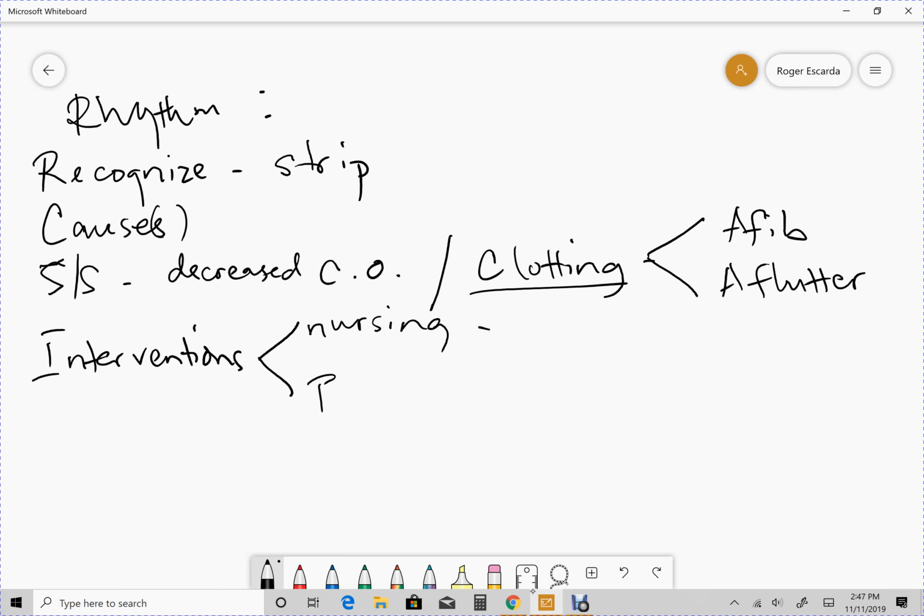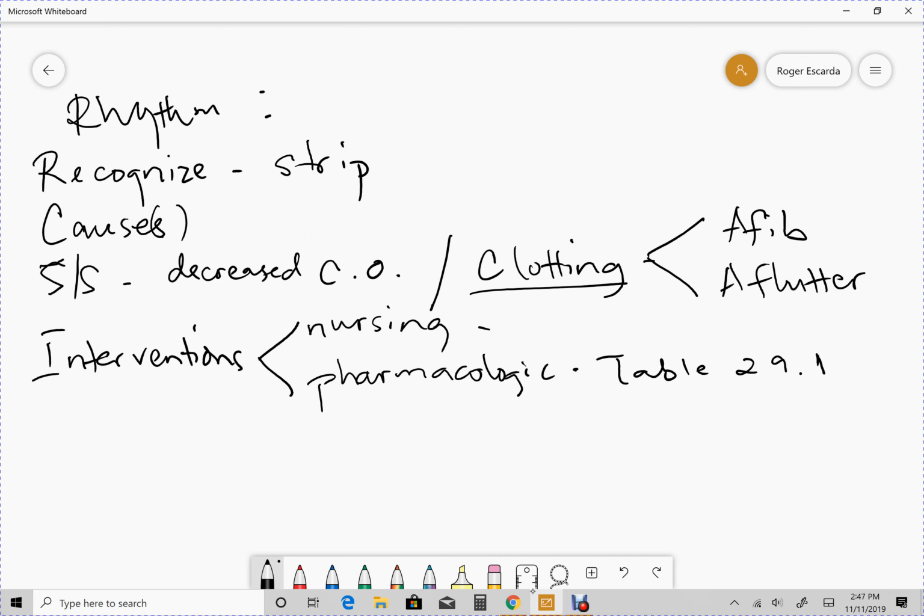Then of course, these are dysrhythmias, so most of the time we will be giving pharmacologic interventions, which are your drug therapy. Again, the majority of this is in table 29-1 unless otherwise mentioned in the section of the chapter.